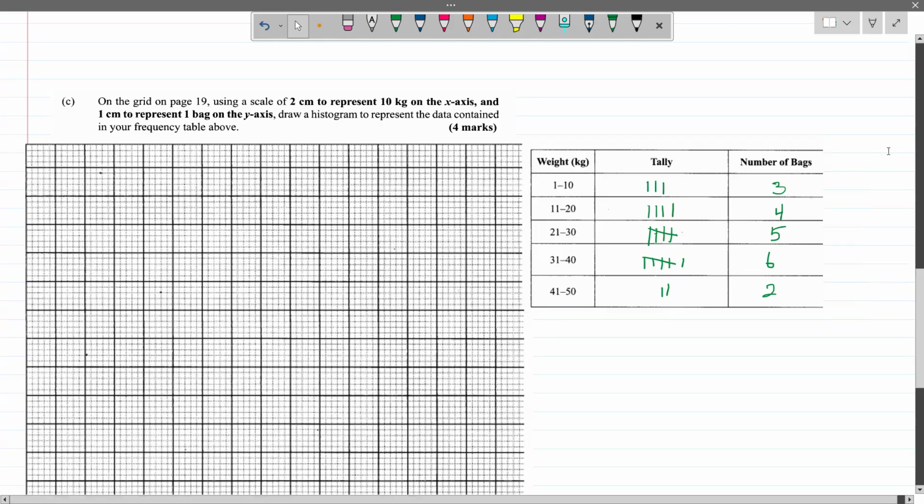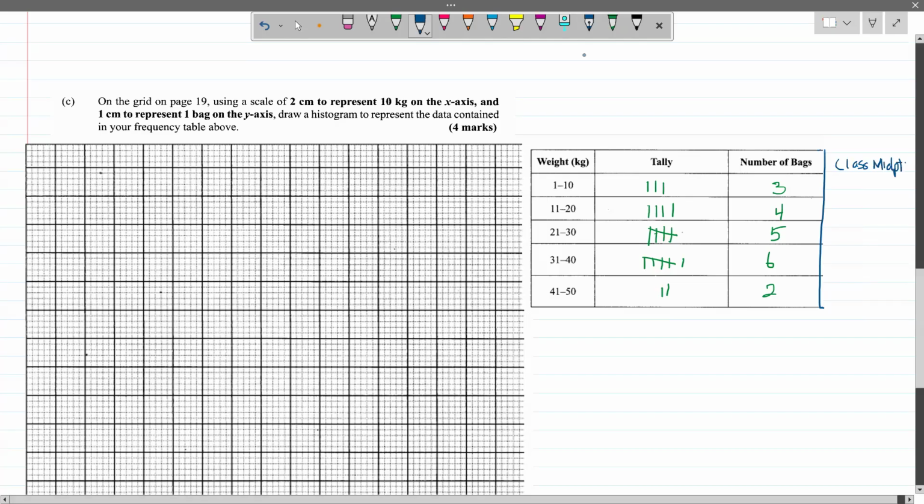So what I need to do is add an additional column here where we will work out the class midpoint. Remember, I told you the midpoint is like the average of each class. So the average weight of any bag of sugar falling in this first class, we could write here class midpoint, or abbreviate it.